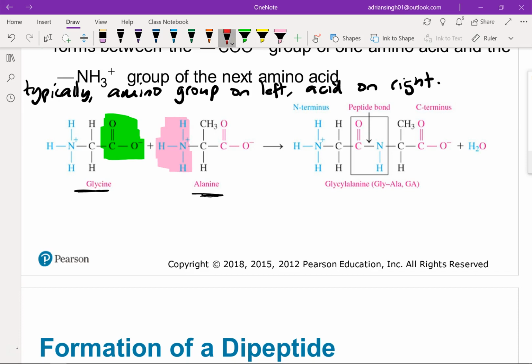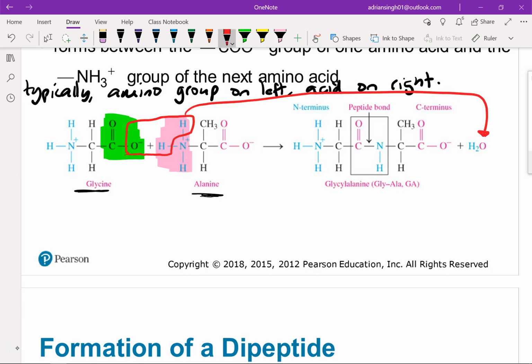And what's going to happen is we are going to end up generating water as one of the products, as 2 of those H's from the amino group combined with the O from the neighboring amino acid to form our water, which is this.